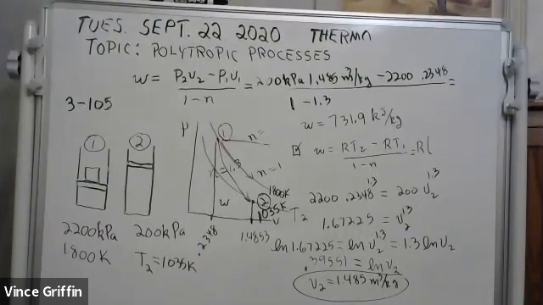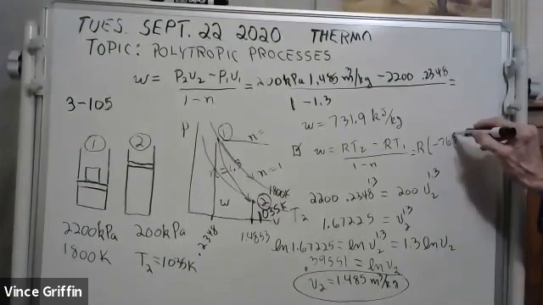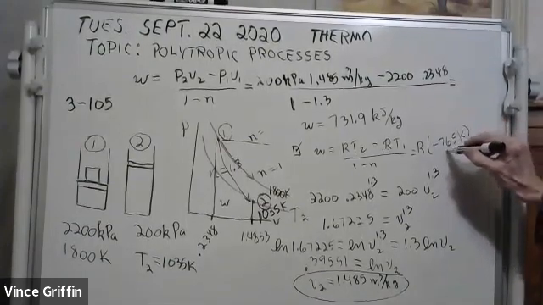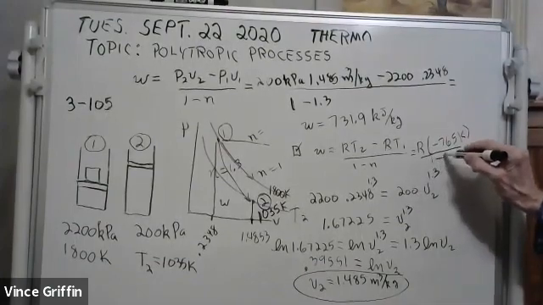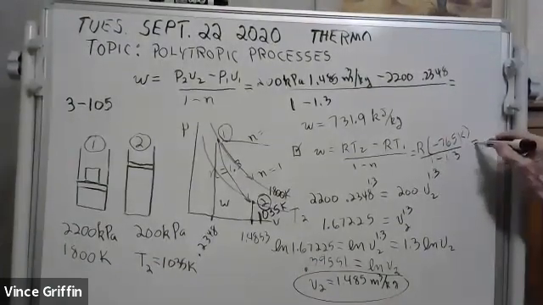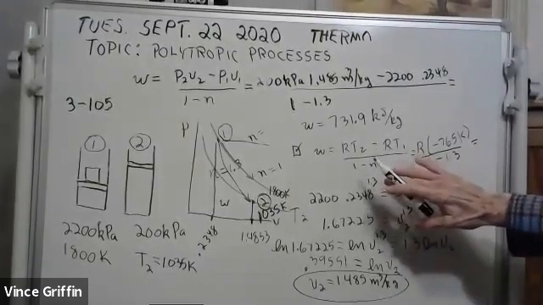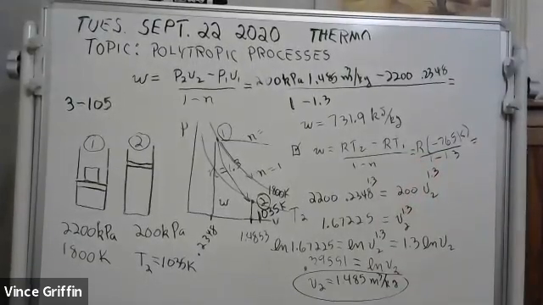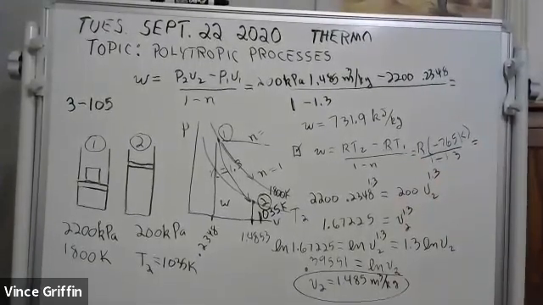1035 is T2. And when you subtract 1800, I get minus 765 Kelvin. It got colder, you know what? And then we divide through by 1 minus 1.3. Put that in your calculators where K is 0.287. Let's see what happens.